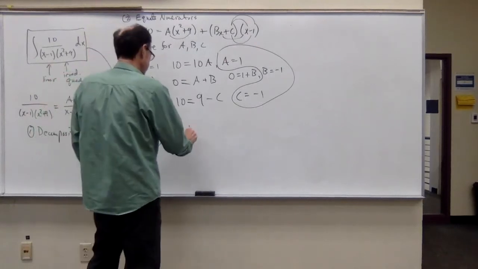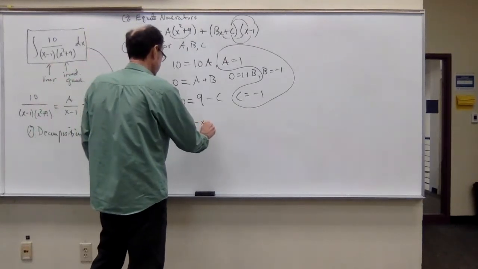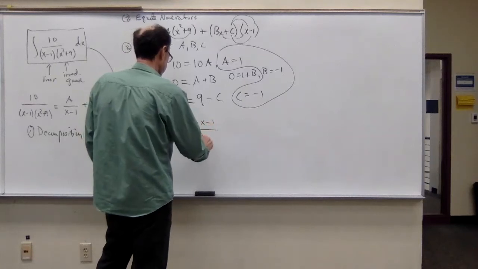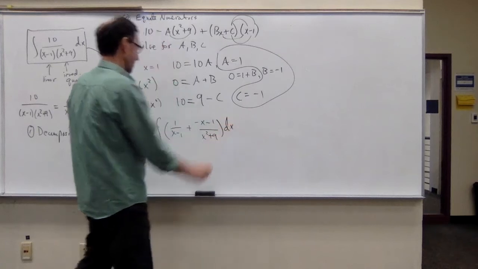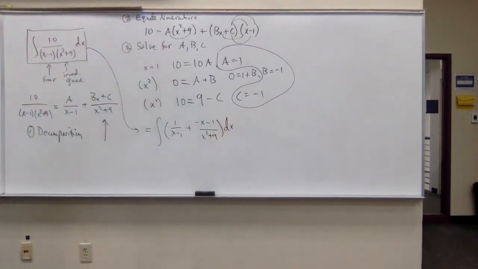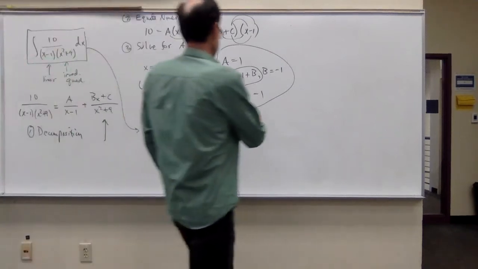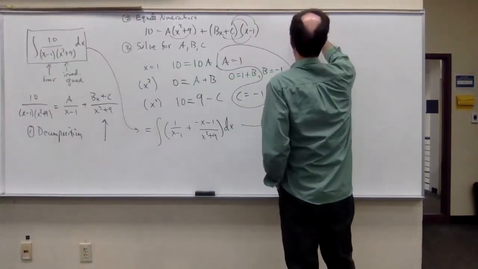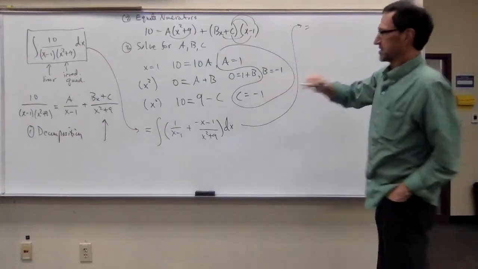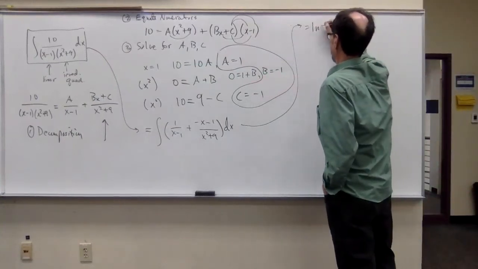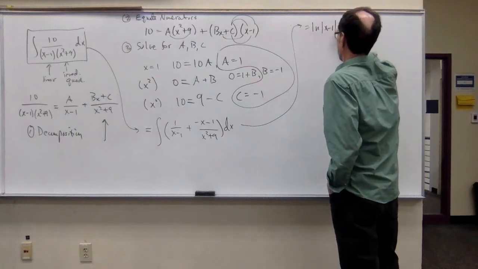And then B and C both turned out to be -1. So we get that, just plugging things in. The first antiderivative is just ln absolute x minus 1.